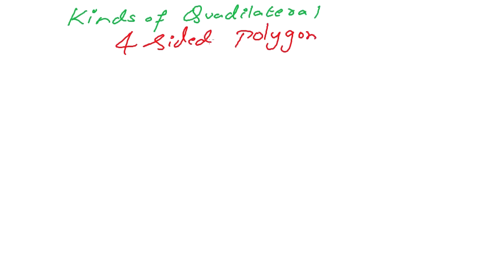There are various types of quadrilateral, out of which the first type is called a trapezium. So what does a trapezium mean?